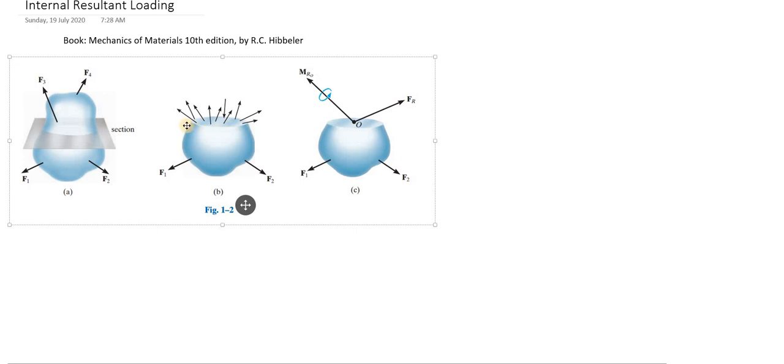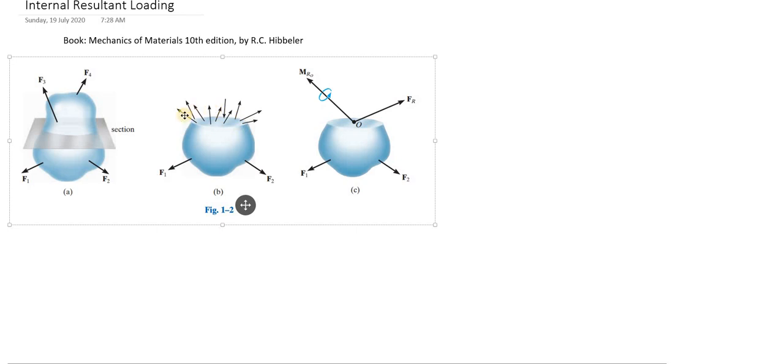Now in this discussion, we are not talking about any special types of internal stresses. I mean, we are not talking about whether these are normal stresses or shear stresses. We're generally saying that there must be some internal loading developed in order to maintain equilibrium, in order to equilibrate the effect of these external forces F1 and F2.